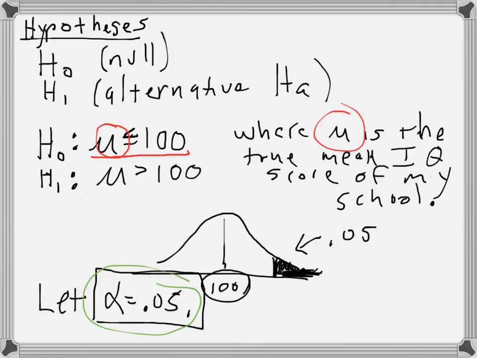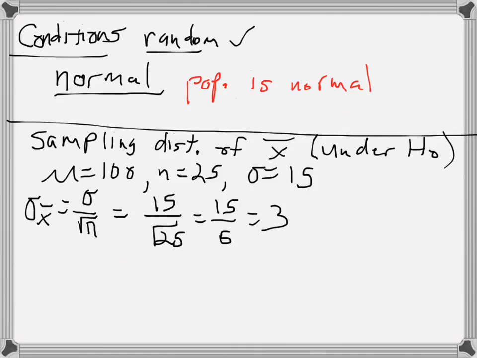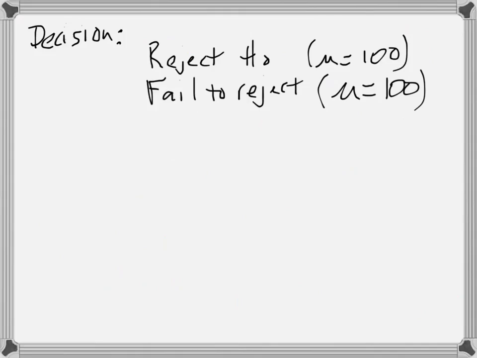Well, the probability of my sample occurring by random chance, if the null hypothesis is true, was less than 1%. And I drew the cutoff at 5%. So in this case, my decision is I reject the null hypothesis.